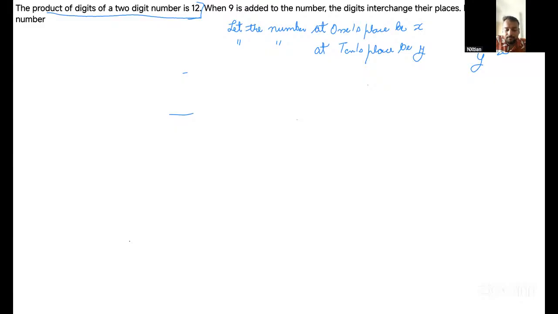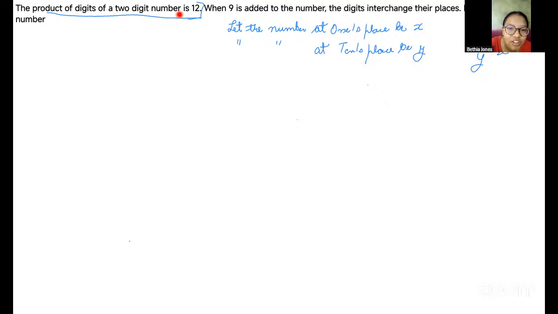What is written, Bethel? Unmute your mic. You have to make an equation from this first line. So first of all, read what is written.